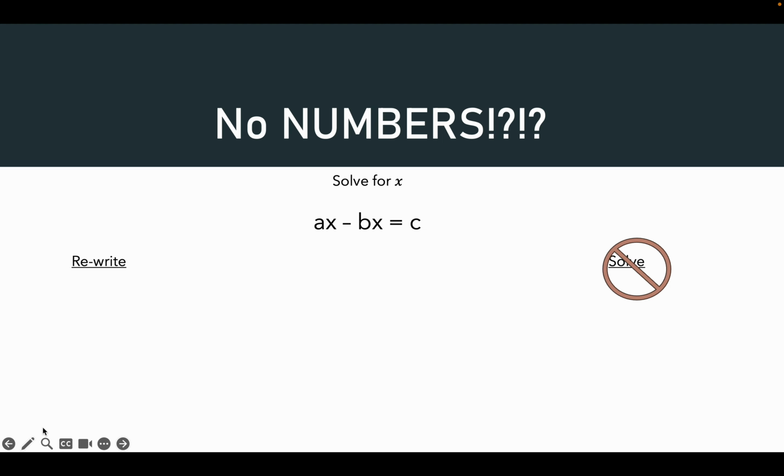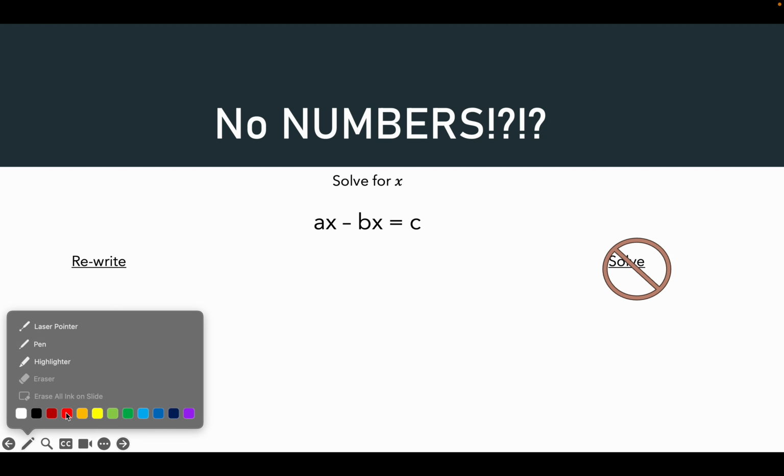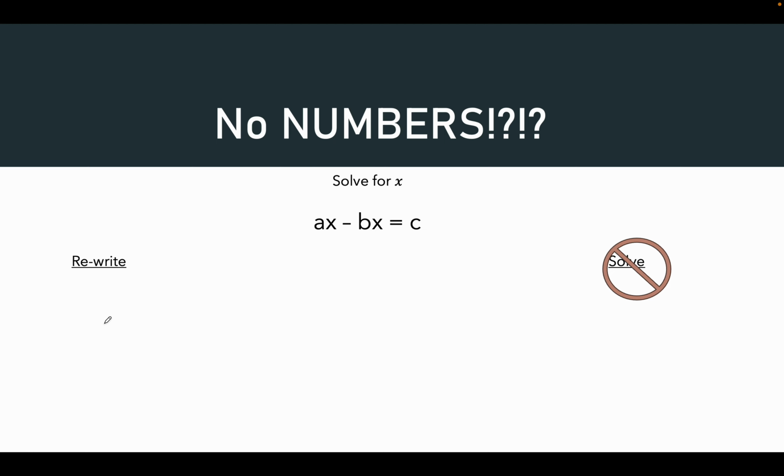Let's go ahead and grab my pencil again, and I'm going to put in here that if I have an ax minus bx, I can divide both of these terms by x and pull it out. It's like doing the opposite of the distributive property. So I would actually pull out the x, and I would leave parentheses.